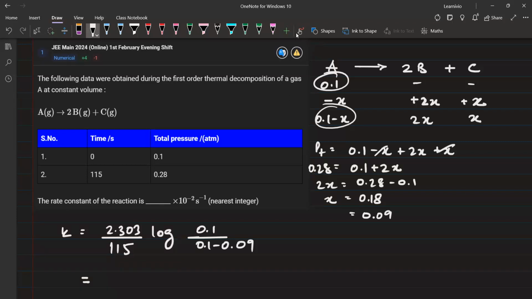Once you calculate this, Maria, check your calculation. Yes, something went wrong in between. 0.1 divided by this will be what? 0.01, I guess, right? 0.01.